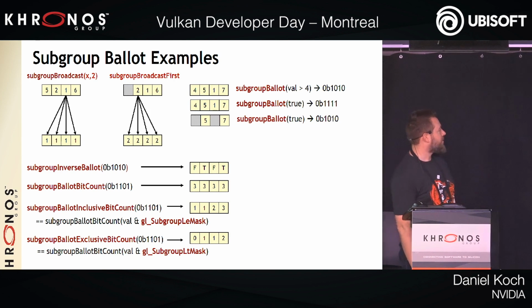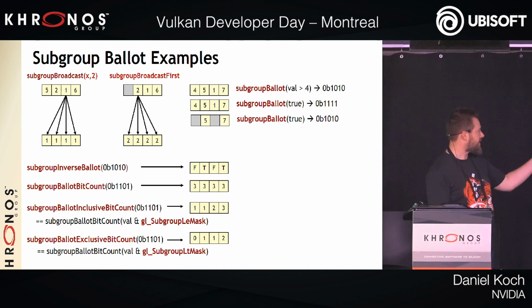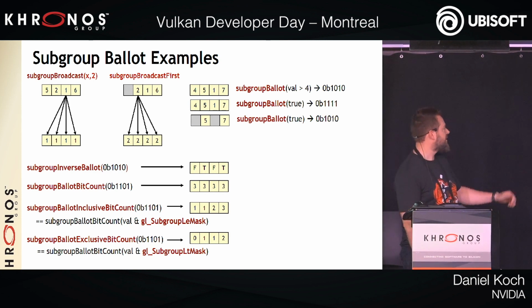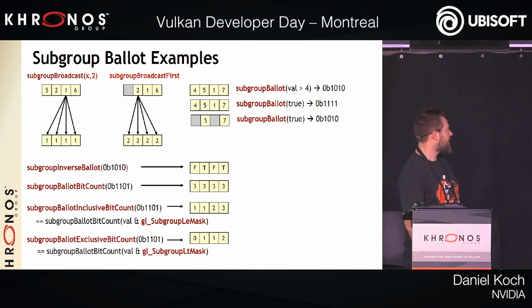So how do some of the helper functions work? Subgroup inverse ballot basically tells you, okay, was this computation true or false. Bit count tells you how many threads, so in the first example, in 1101, there are 3 active, so each gets 3. If you do ballot inclusive bit count, it basically adds up as you go along because it's inclusive, including itself.